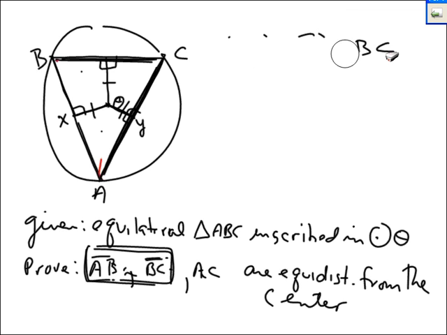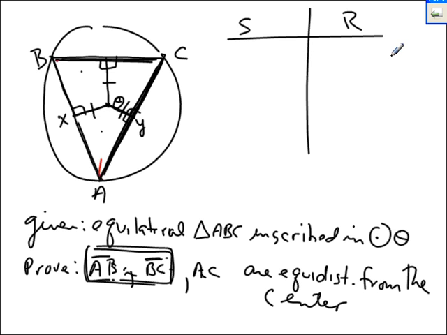So one-line proof, or one concept proof. If we were going to formally write this up, statement, reasons, you're given equilateral triangle ABC. This is given.